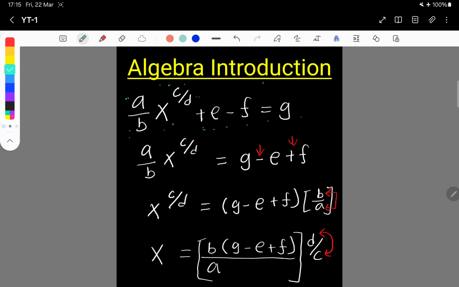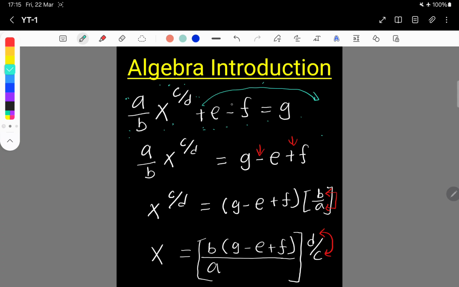In order to solve these problems, first you can move all the additions and subtractions to the right hand side. That means you can move the e to the right hand side, so positive will become negative.